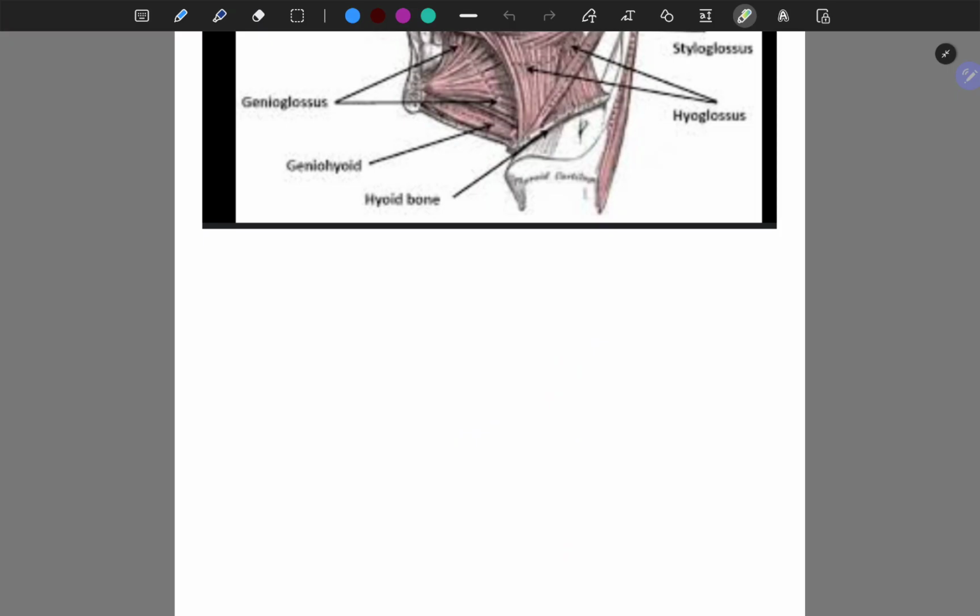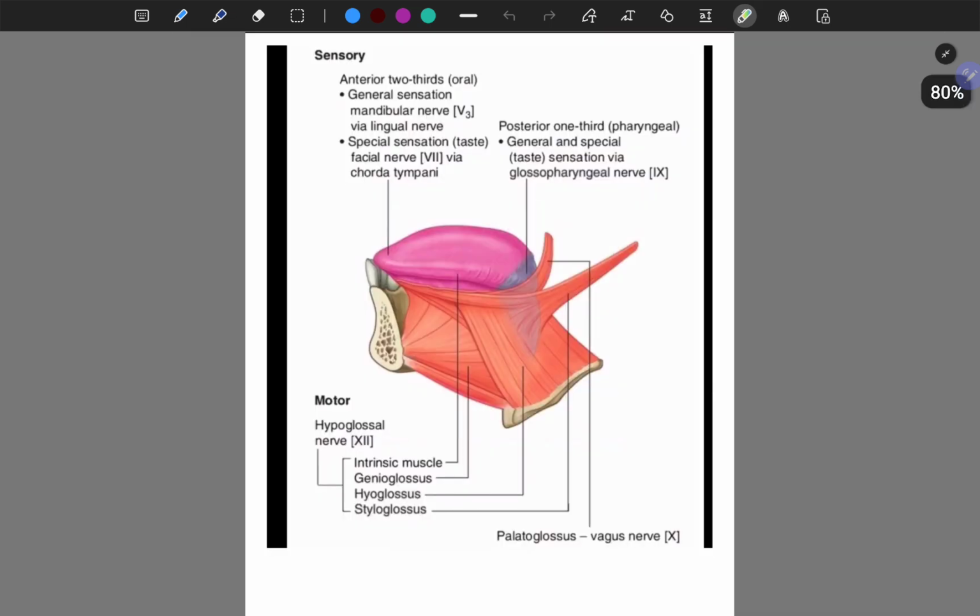Blood supply of the tongue is mainly from the lingual artery, which is a branch of the external carotid artery. With respect to sensation, in the anterior two-thirds, general sensation is by the mandibular division of the trigeminal nerve via the lingual nerve.